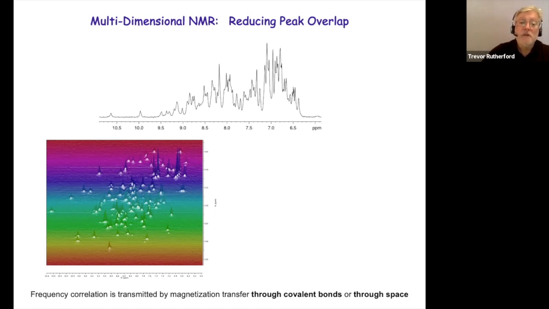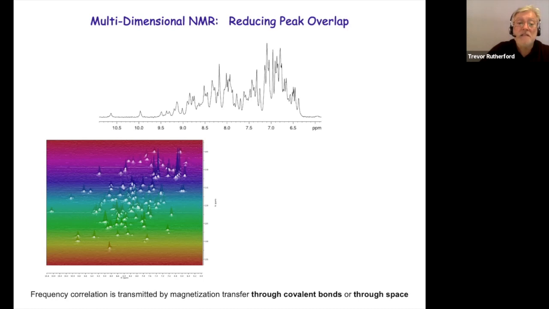So in other words, we've transferred some magnetization through the bonding network from a proton to its directly bonded nitrogen, and we've got a two-dimensional plot now of the frequency of the proton signal separated by the frequency of its directly bonded N15. We don't have time to go into at the moment exactly how we do the transfer process, but if you want to know more details, you can always come and see us afterwards.